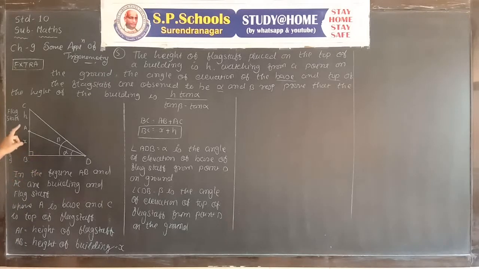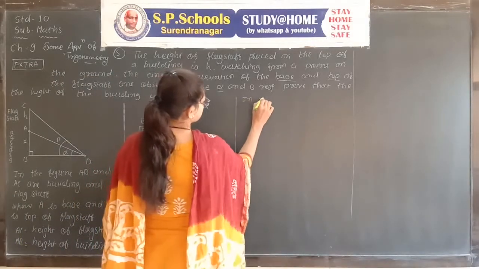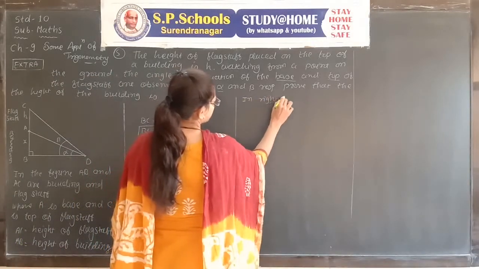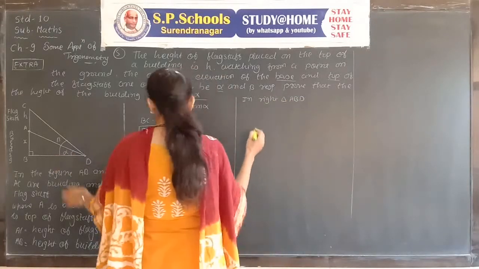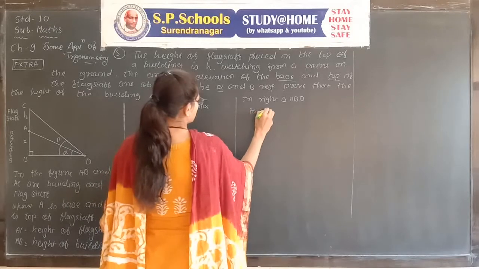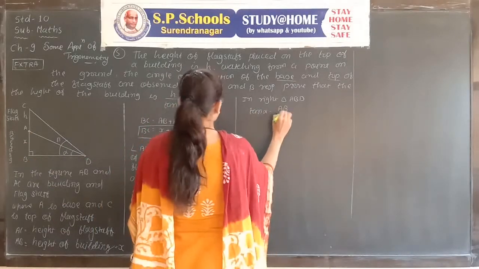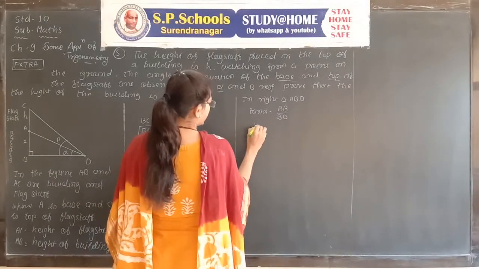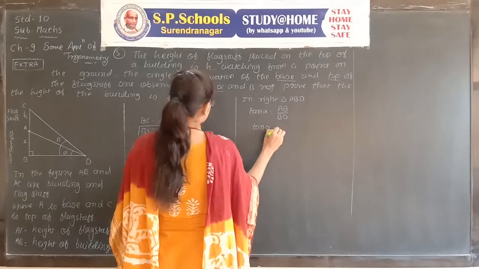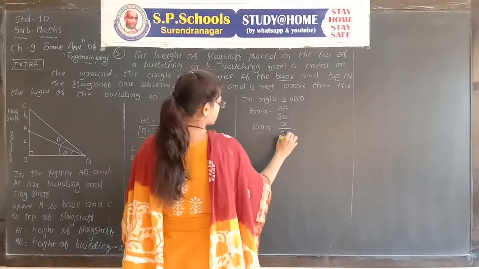First apply tan in right triangle ABD. In right triangle ABD, use tan alpha is equal to its opposite AB upon adjacent BD, where tan alpha remains as it is, AB is equal to x and BD remains as it is.